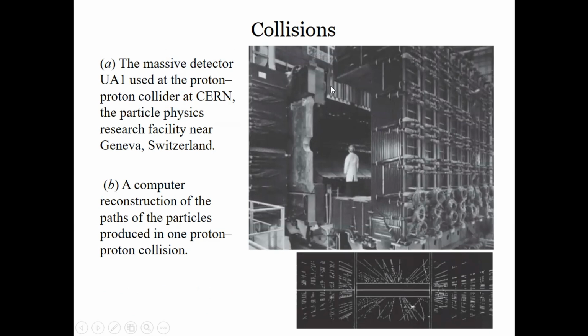Such collisions and many other types of collisions are really the subject of the massive detectors that are used at CERN. For example, this is a proton-proton collider at CERN, and particle physics research is done in this facility near Geneva, Switzerland, and we can see the detectors.